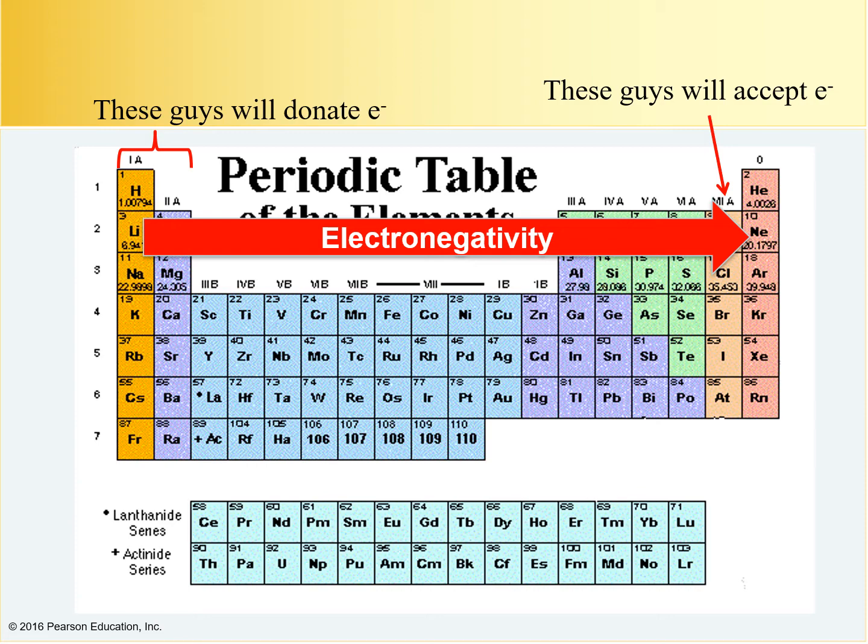Electronegativity increases as we go from left to right through a period in the periodic table. So those atoms on the left are low in electronegativity, so they're willing to give up an electron, while the atoms on the right side are high in electronegativity, so they are willing to accept an electron.